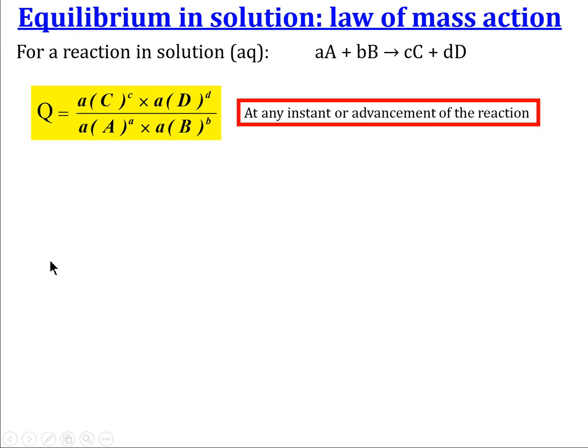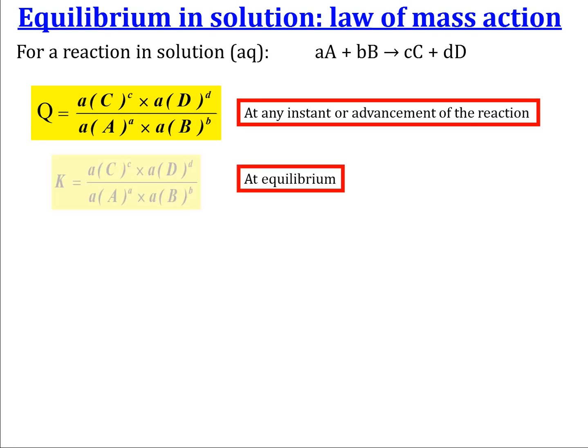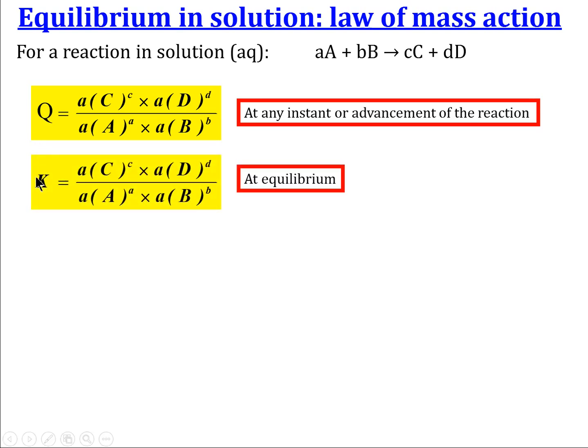One of these times is the time of equilibrium. At equilibrium, Q becomes K, which is equal to the activity of the products divided by the activity of the reactants at equilibrium and according to the stoichiometric coefficients, so according to the stoichiometry.